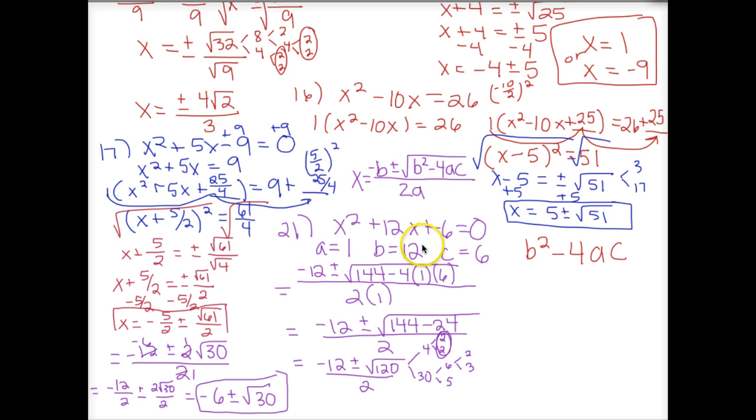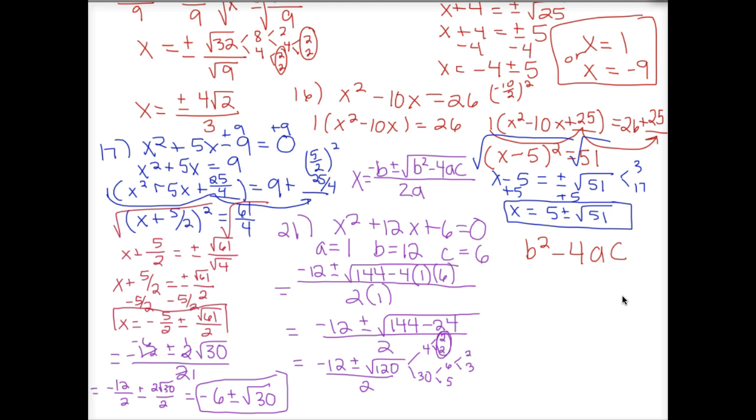So your discriminant problems were 38 through 41, the last 4. All it asks you to do is to find the discriminant and then to tell what type of answers that's going to give you. So let's do 39 here.